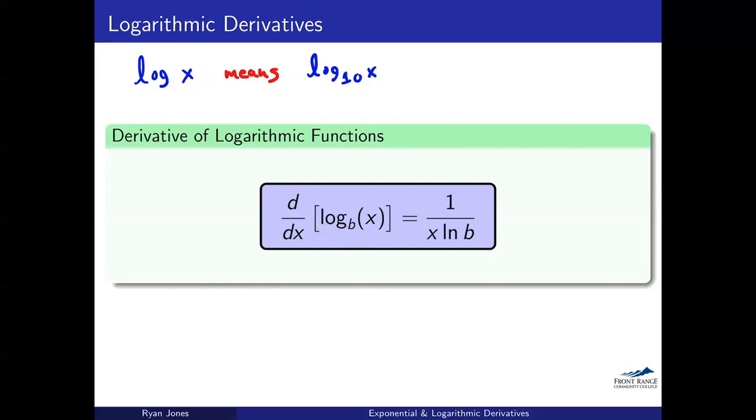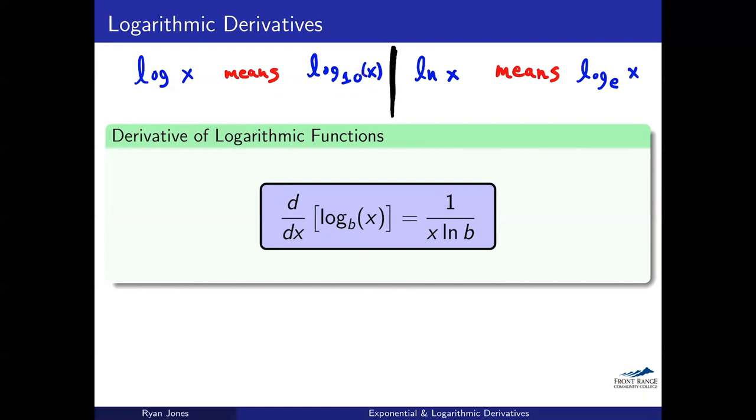So one other piece of info in terms of naming things, if we write ln of x, that means log base e of x.